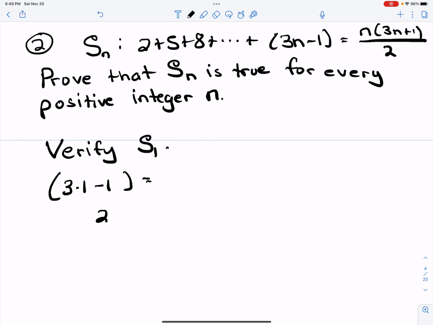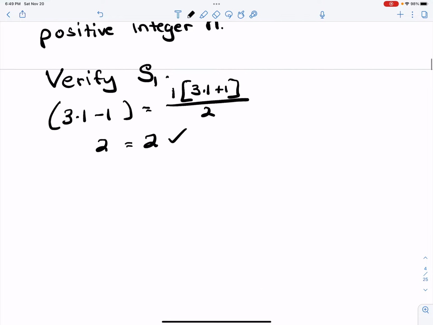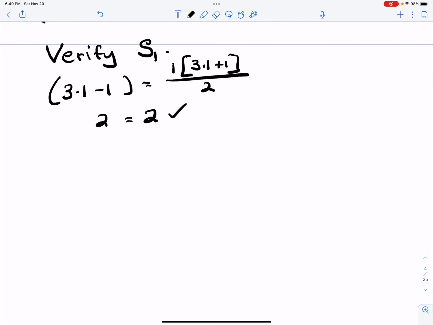And that has to equal, on the right, 1 brackets 3 times 1 plus 1 all over 2. Well, 3 plus 1 is 4. 4 times 1 is 4. Divided by 2 is 2. Okay. So yes, if you use 1 in there, it works. So you got to make sure that starting point works.